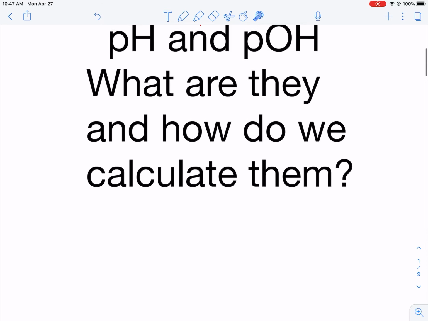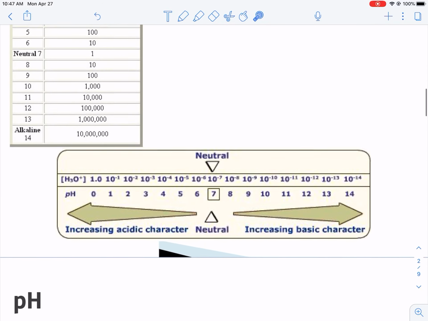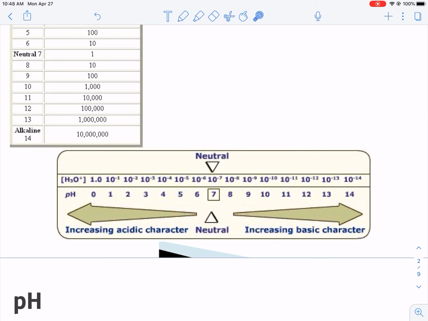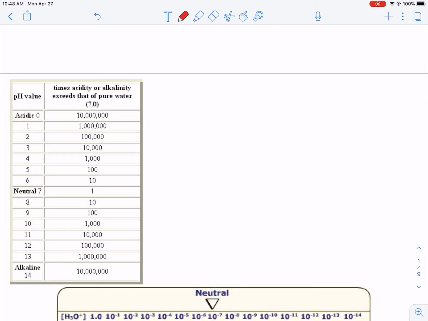Now, when we're looking at the pH scale, what pH actually stands for, so we recognize this scale. We know that things that are down in this location here are very acidic, these are very basic, and these are essentially neutral. When you look at the name pH, the P stands for the power.